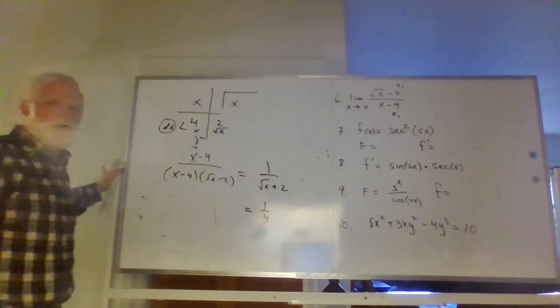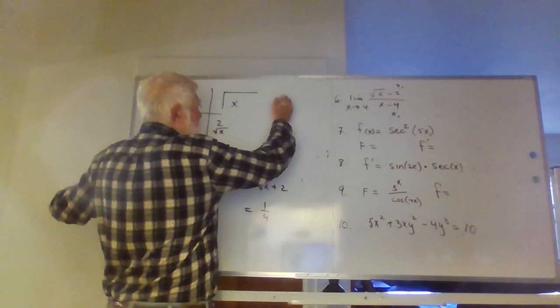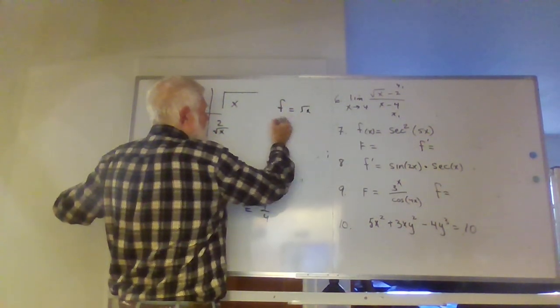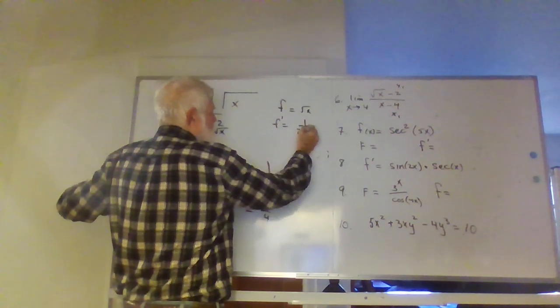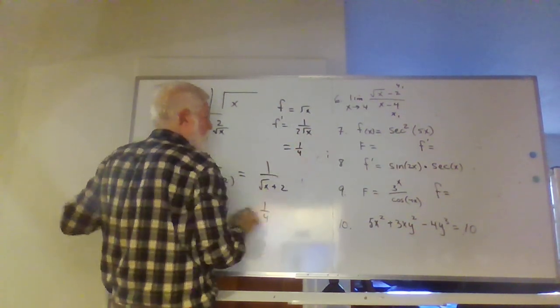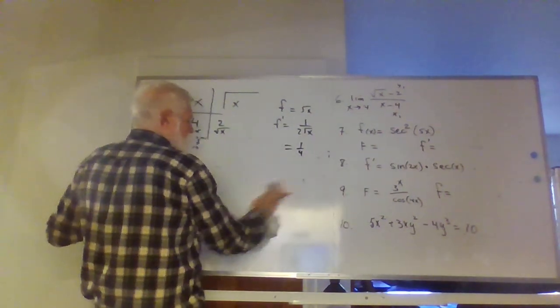Oh, yeah, whoa. So we're looking at the square root of x. We'll call that f equals the square root of x. We know f prime is 1 over 2 root x, and I drop in a 4, and I get 1/4. So I just found that the square root of x at 4 is going up at a 1 to 4 ratio.